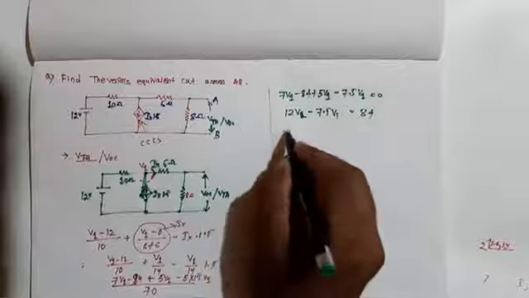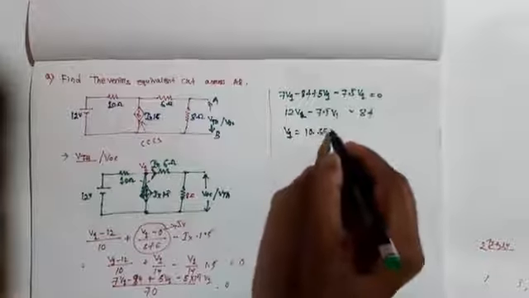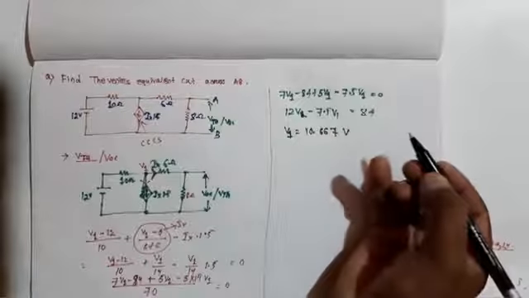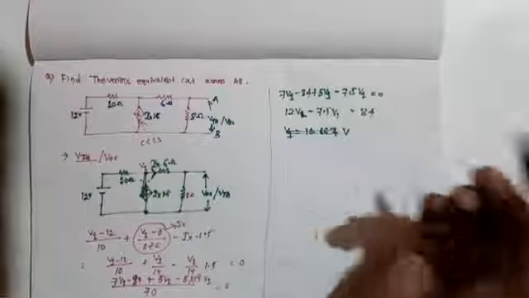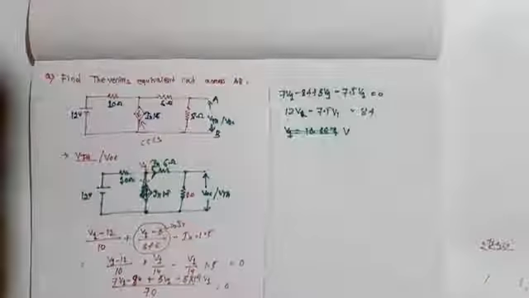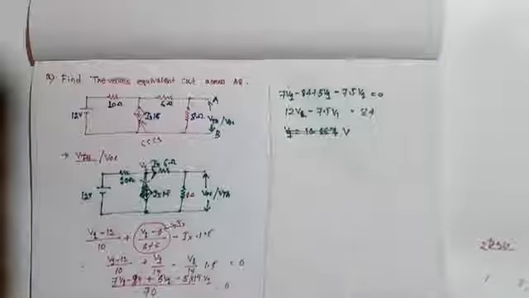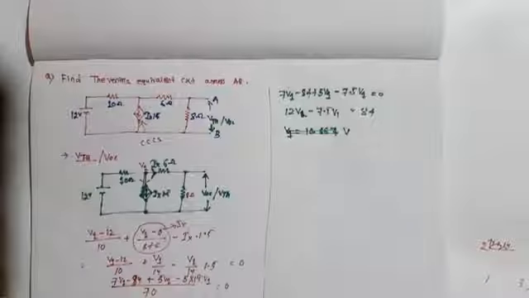After simplifying this, V1 equals 10.667 volt. Sorry, this is the 12 minus 7.5.